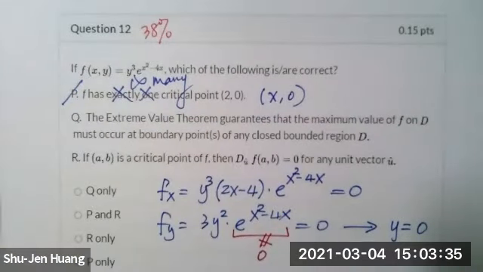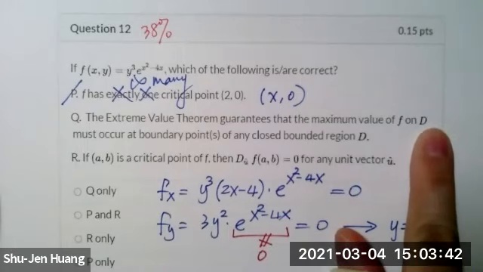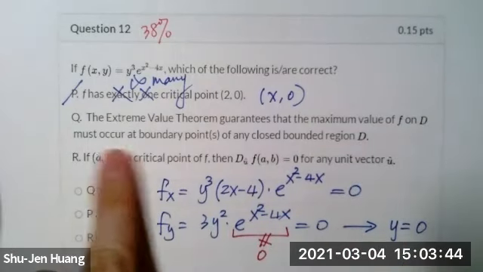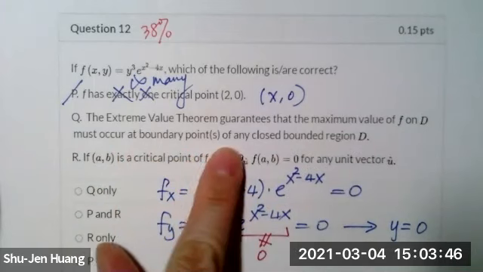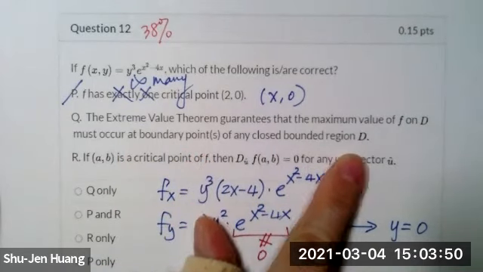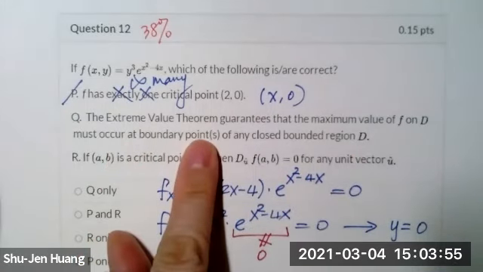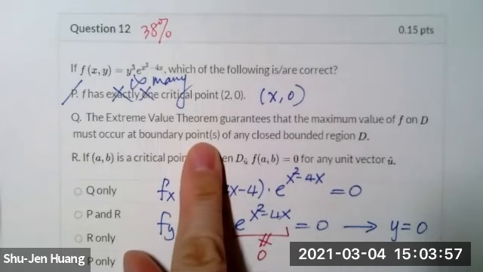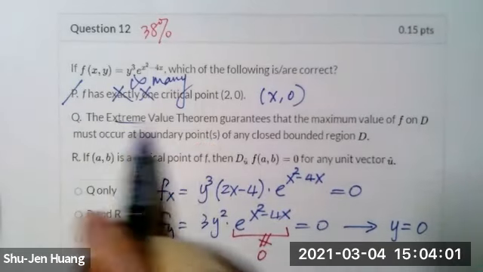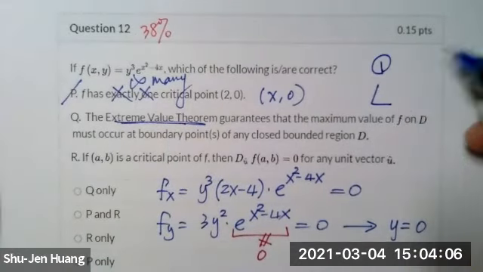And now let's look at Q. The extreme value theorem guarantees the maximum value of f on the region D must occur at a boundary point of any closed boundary region. Is that correct? We only need to consider the boundary points? Or is there another candidate we need to consider? The extreme value theorem tells us there are two candidates we need to consider.